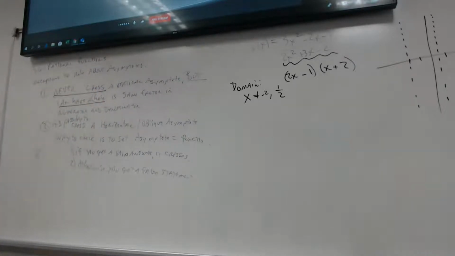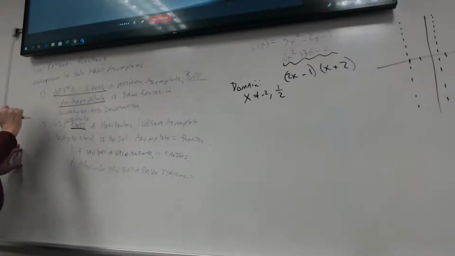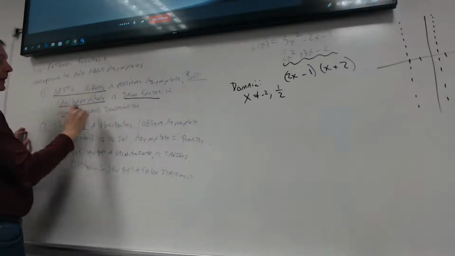So how would we check, Michael, if it has a hole? Is it the horizontal asymptote equals the equation? No, that's where it can cross. The hole is if you have the same factor in the numerator and the denominator.